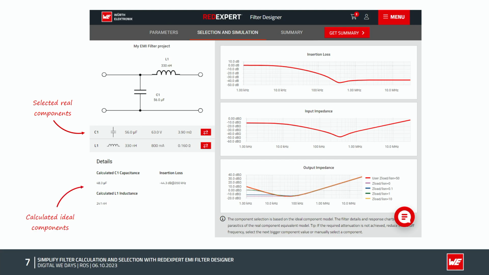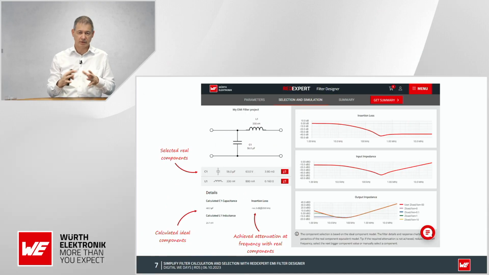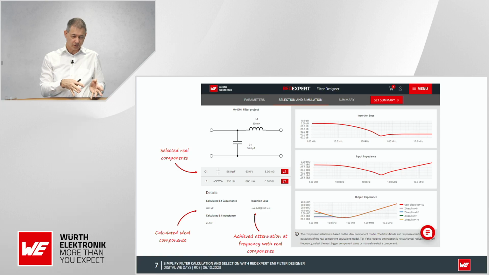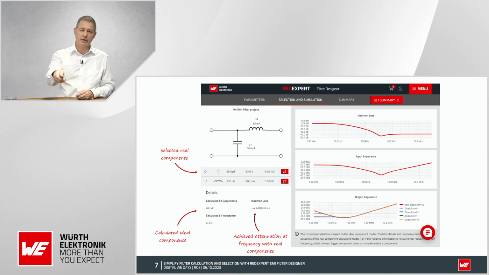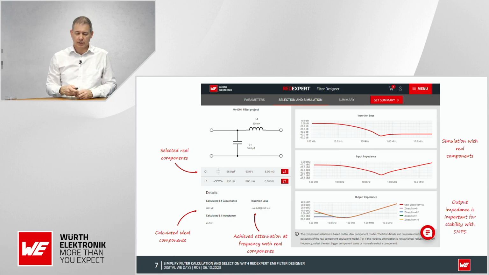You get the calculation of ideal components by a simple formula, but you also get an attenuation at the specific frequency with real components, with all parasitics, to see whether the attenuation is enough or not. And you also get the simulated curves, also done with real components.